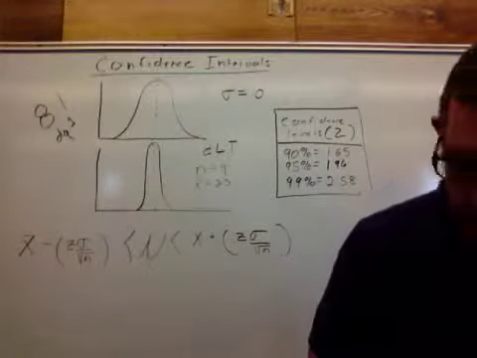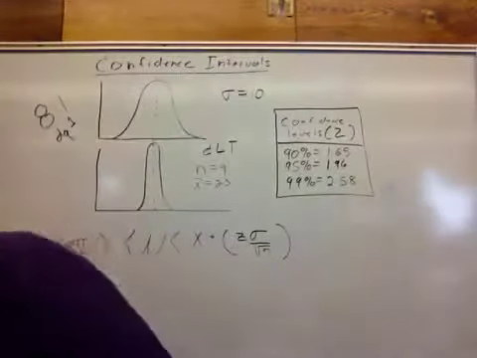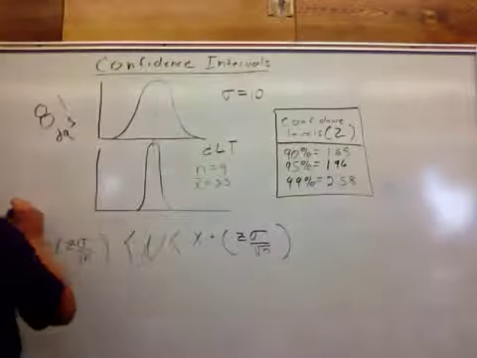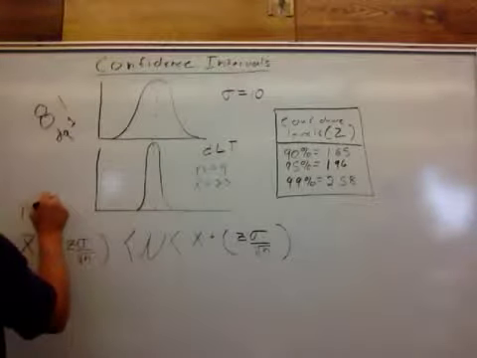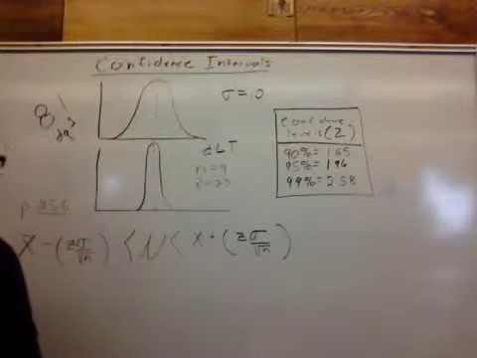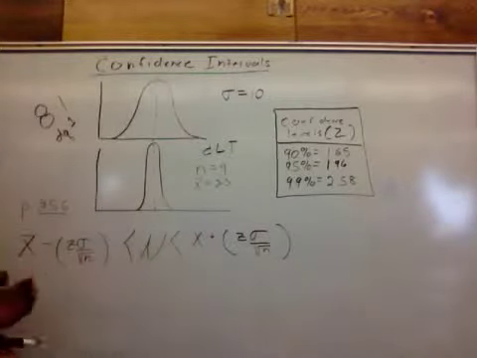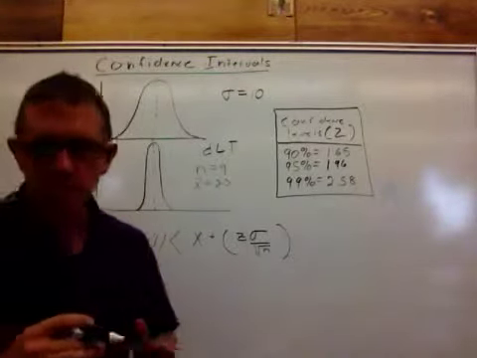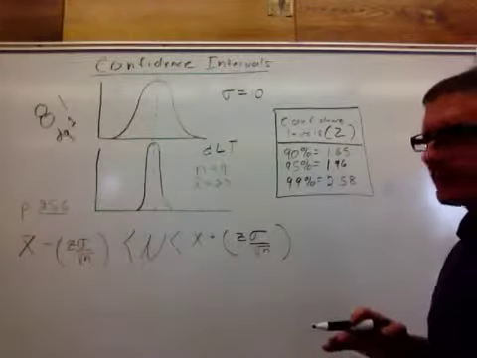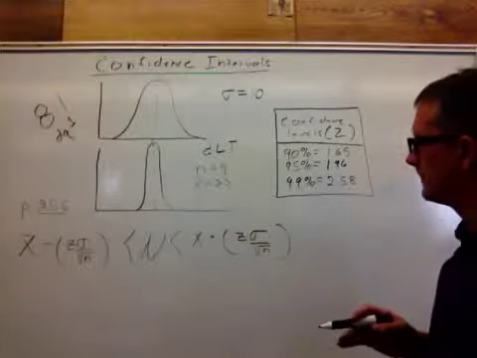And if you look on page 256, page 256 is the big one we will work with this week. Okay, this is the formula for what's called a confidence interval. And let's put the numbers in, then we'll spend a little bit of time talking about it.